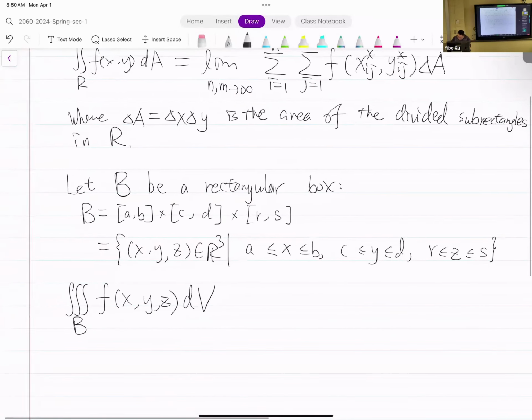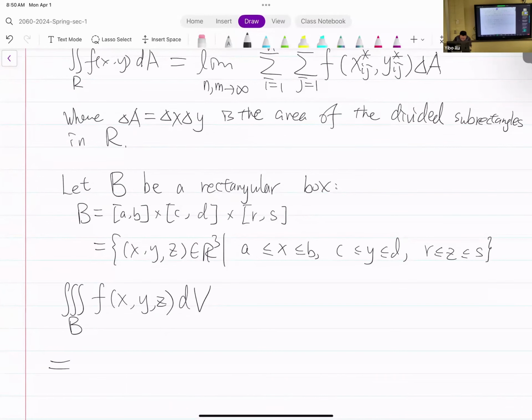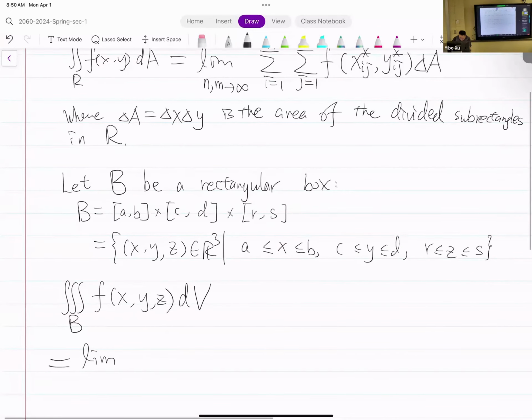So let's quickly write down the definition. It's going to be once again a Riemann sum kind of limit. It's really similar to what we have done before. So it's the triple summation. So i goes from 1 to, let's say, L. So we divide the interval from A to B into L pieces, from C to D into M pieces. We have ij, and so now we have k.